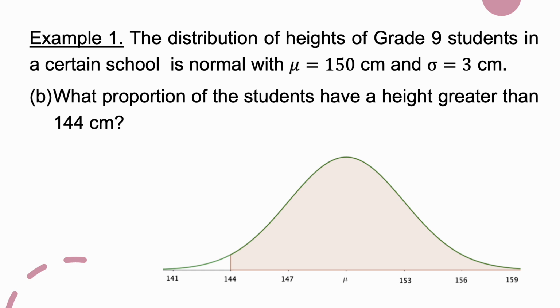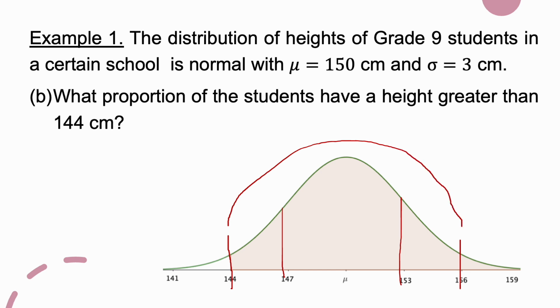Looking at our normal curve, okay, observe that ito yung one standard deviation, right? Ito naman yung two standard deviations. Meaning, from 144 up to 156, 95% na yan. Okay? 95% na based on the empirical rule. However, meron pang small portion here. Okay? So, kung 95 yan, ilan na lang yung kulang?